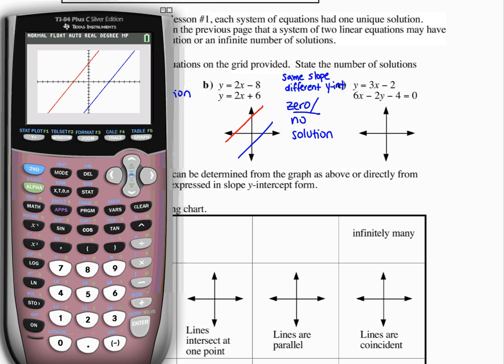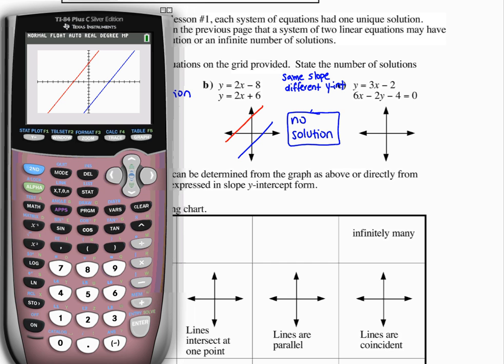So on the test, if we automatically see a question that has the same slope, can we always say no solution? Nope, because let's look at one more case. Okay, if it has the same slope but different y-intercept, then you can automatically say no solution. But let's look at this equation here, the second one.